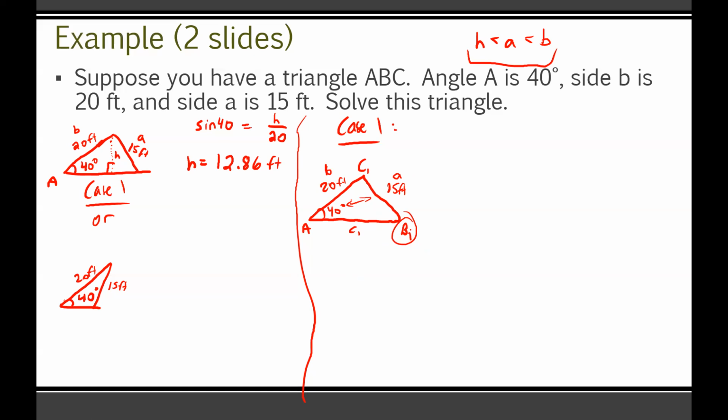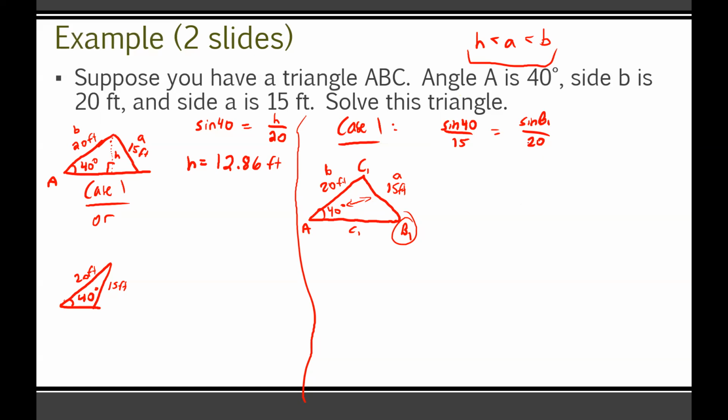Since we're looking for an angle, we need to make sure the angle is on top of our sine law. So we're going to set our key as sine 40 over the length of its opposite side, which is 15, equals sine of angle B1 divided by the side length across from it, which is 20.